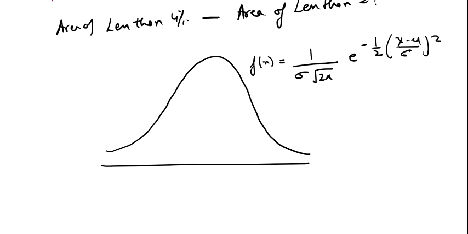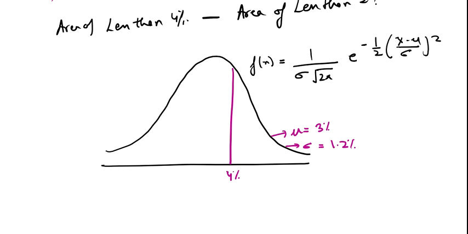Clear? Now suppose this is my 4%, and the mean of this curve is suppose 3%, and standard deviation of this curve is suppose 1.2%. Clear? So we need to find out the value for x less than 4%.